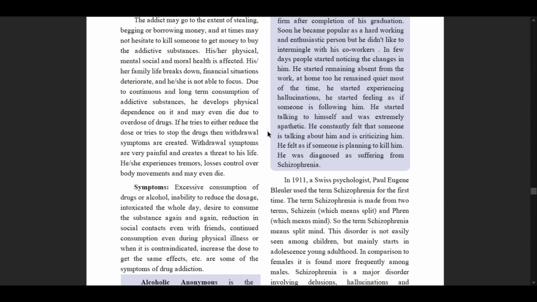So, as you would have seen, it has been mentioned: continued consumption even during physical illness. So I know many of you have seen the series Mirzapur. In that, the character of Dada Tyagi said that when he was in the womb of his mother, his parents used to take drugs often.